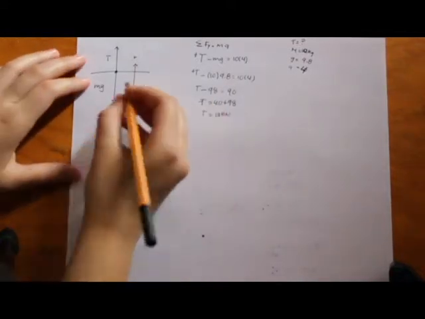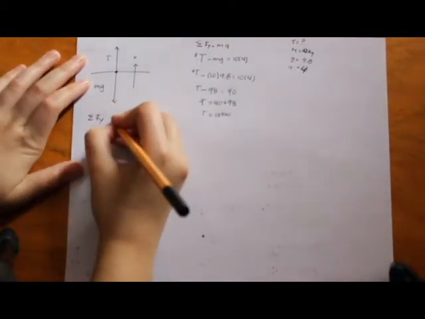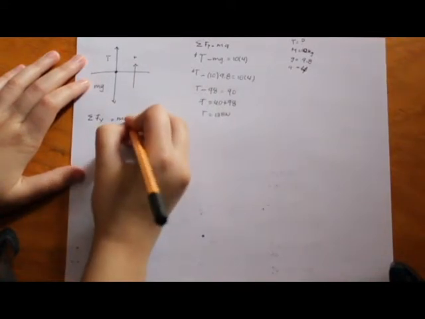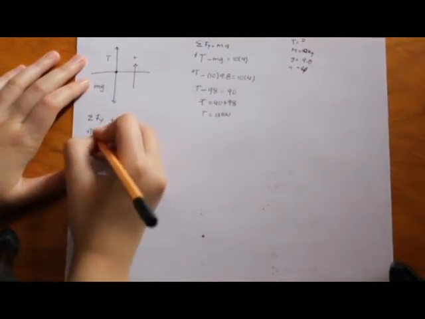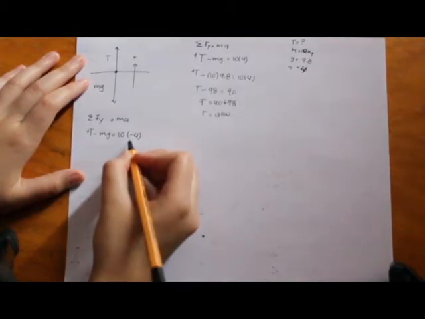The rope is more stretched when the block accelerates upwards. The procedure for the acceleration downwards is the same, we just change the sign. So the summatory of forces in y equals mass times acceleration. Now we're using a negative sign because we're trying to find the downwards.